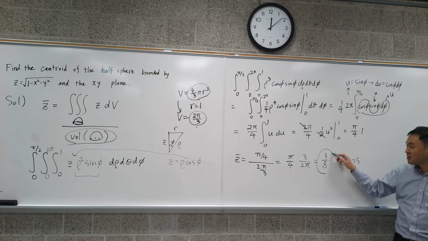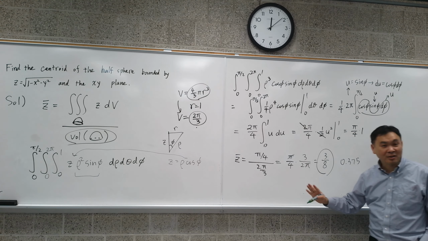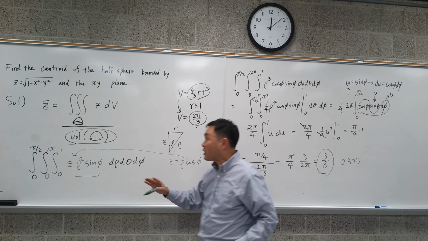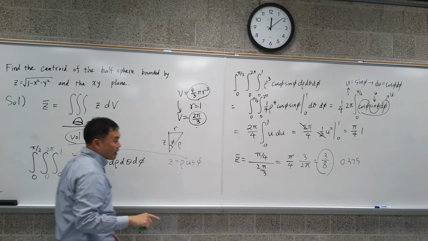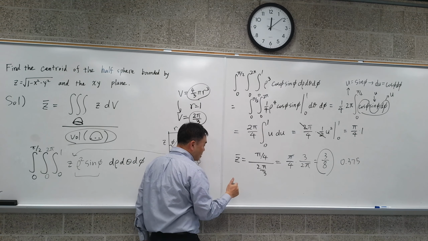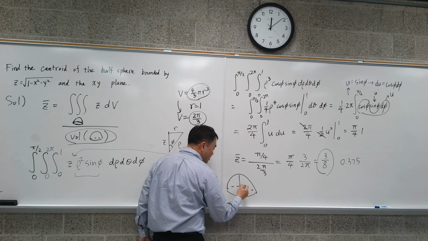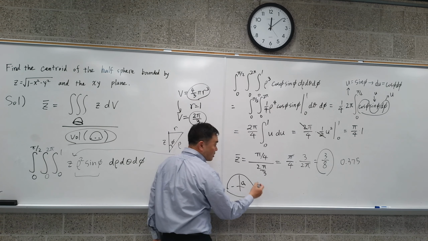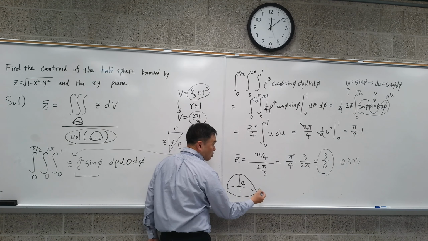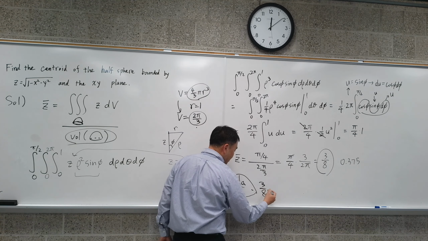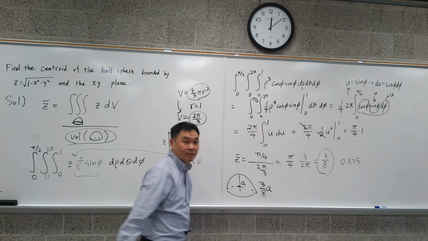So just as our intuition said. Oh, by the way, this is a radius 1 half sphere. So what that means is that if you have a generic radius A sphere, then the center of mass will be located at 3/8 of A. Okay.